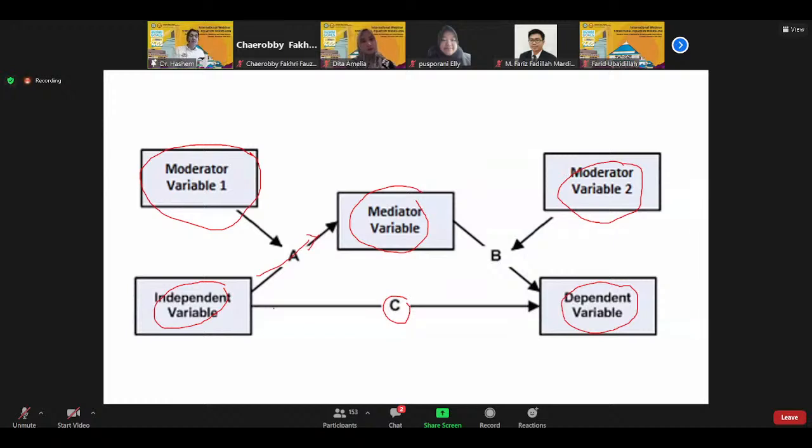So I go back to my point here. If you really know how to use mediator and how to use moderator, you can come up with so many new ideas, new theories, with application of a structural equation model in your topic. Maybe you heard about, for example, the theory of planned behavior, right?